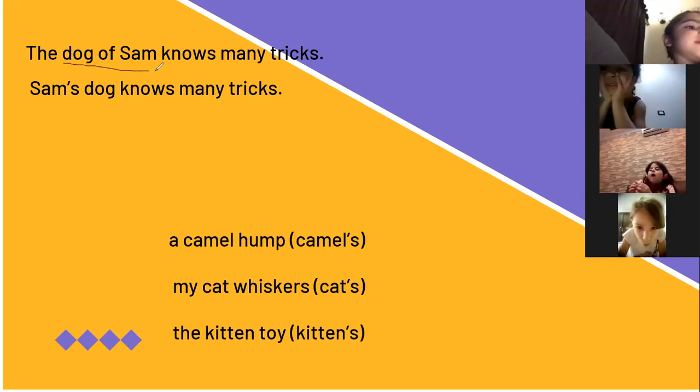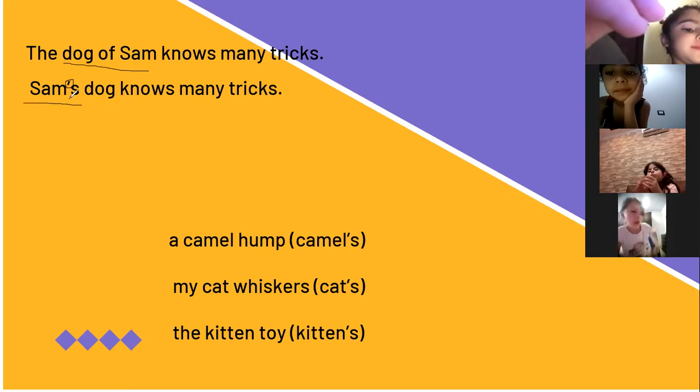Read the second sentence, Jude. Sam's dog knows many tricks. You see here, the word Sam's is a possessive noun because it shows that Sam owns the dog. Right? And we put the apostrophe before the S.